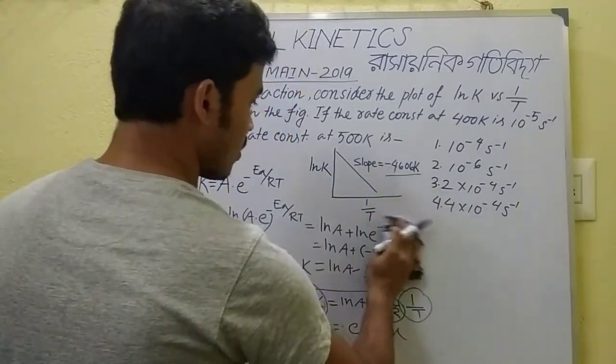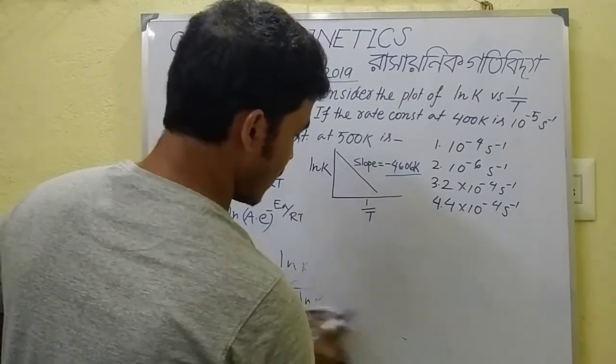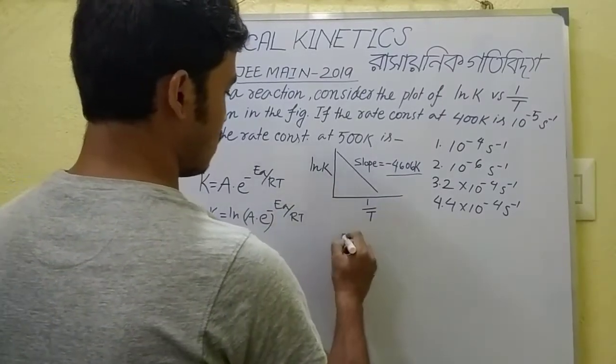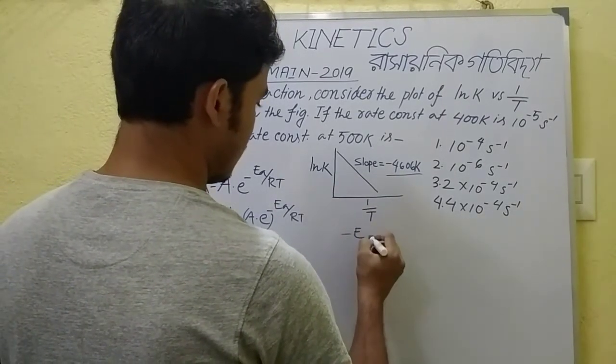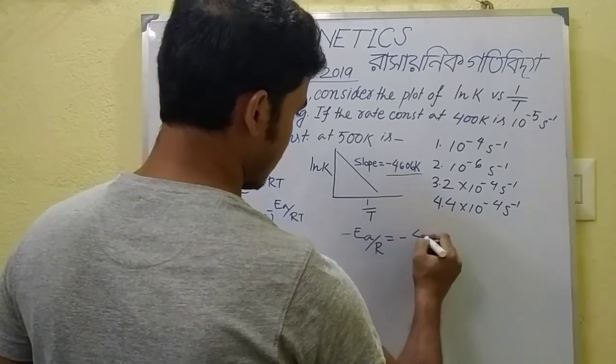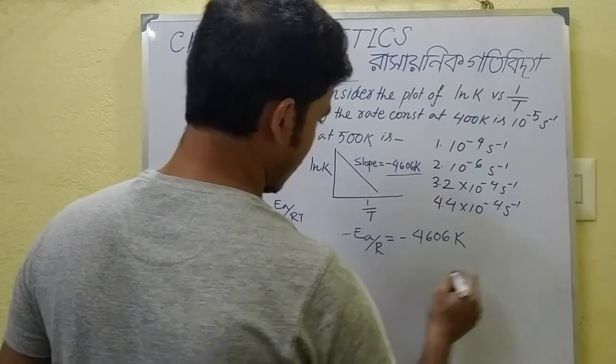So we put minus EA by R equal to this value, which is minus 4606 Kelvin.